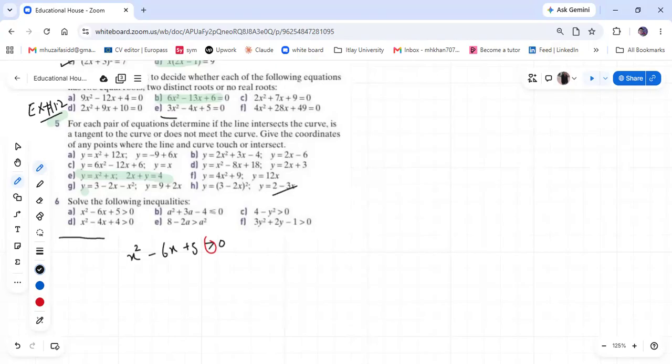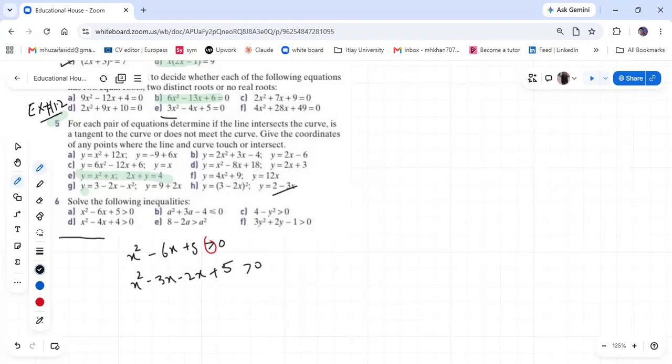One is the quadratic formula, one is factorization, and one is completing the square. Look at it here. We are making the factors. The factors are x − 3 and x − 2, and this is the plus 5. So this is greater than or equal to 0.